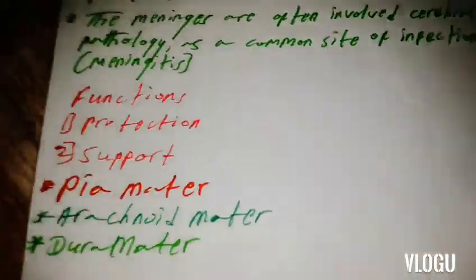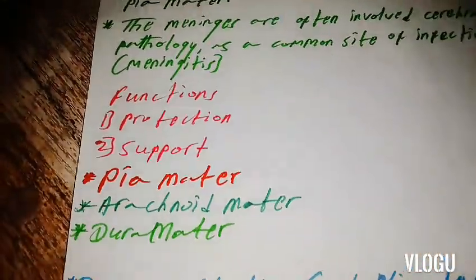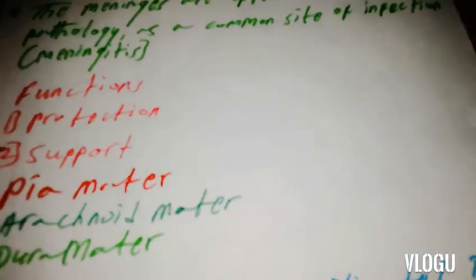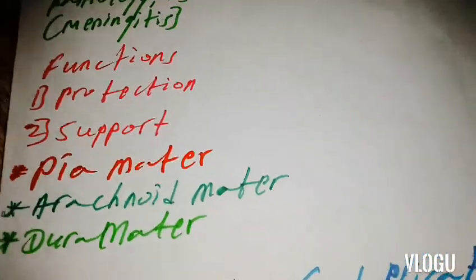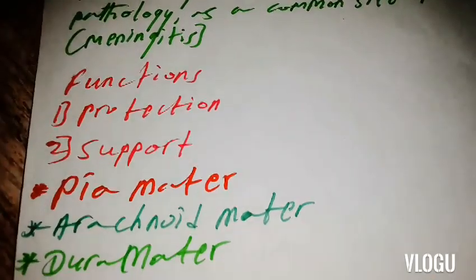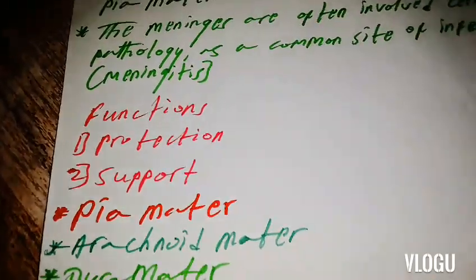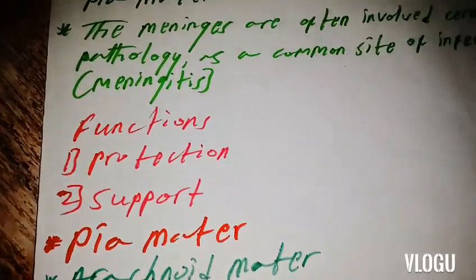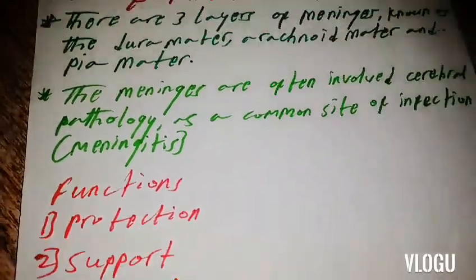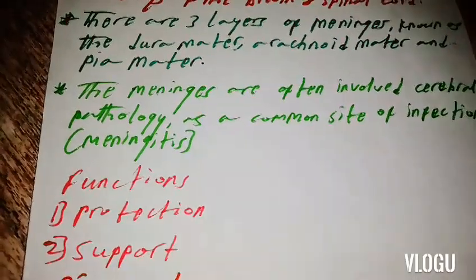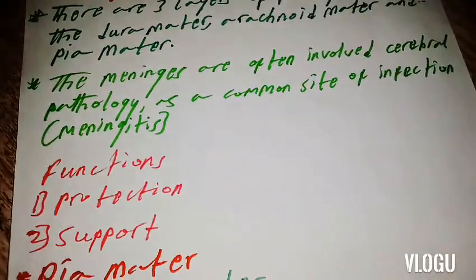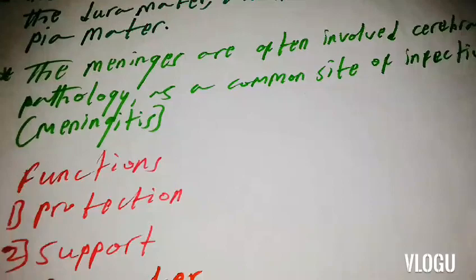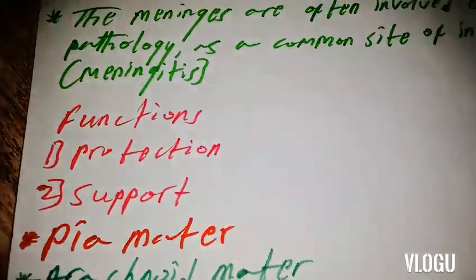So I'm telling you that the dural matter is double layered. The first layer is known as the endosteal or periosteal layer. This endosteal or periosteal layer lines the bony cranium. The second layer of the dural matter is known as the meningeal layer.